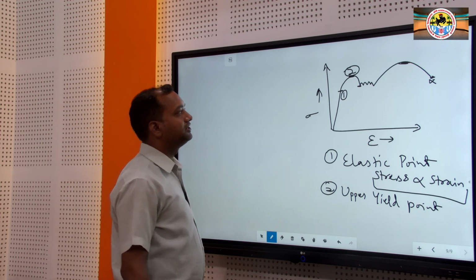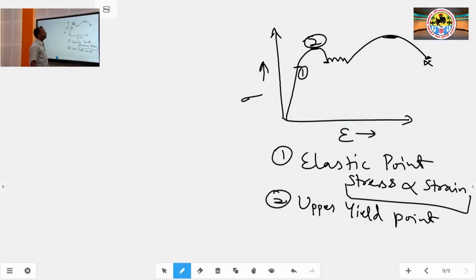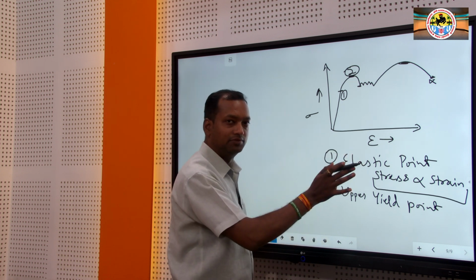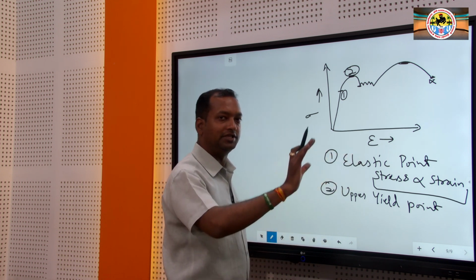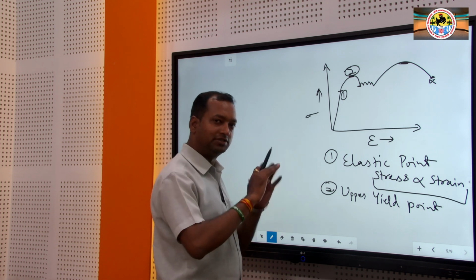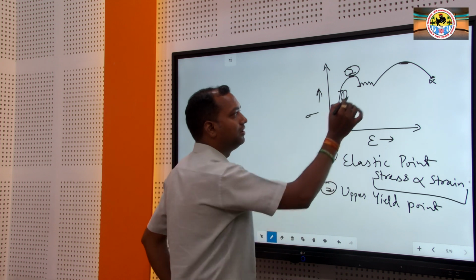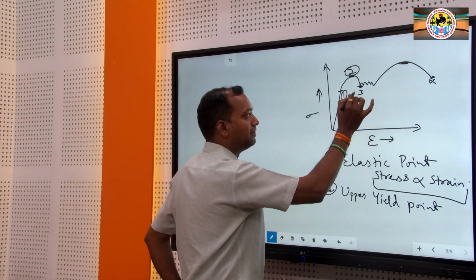As the stress level crosses point number 2, although the material lowers its stress level, strain should be there. Strain continuously increases, meaning the dimension keeps changing until it reaches point number 3.